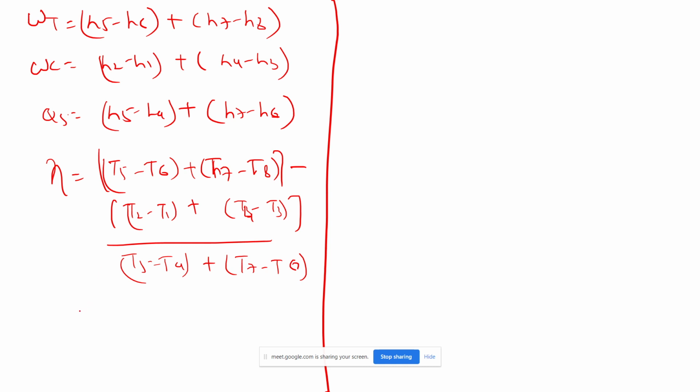In the problem they have mentioned T5 and T7 as 1300 Kelvin.